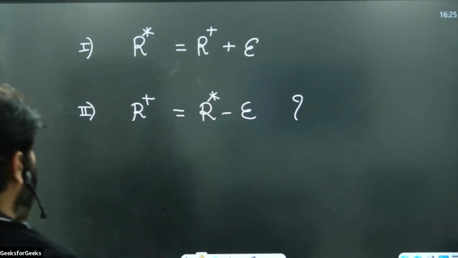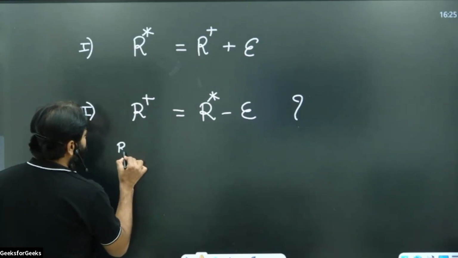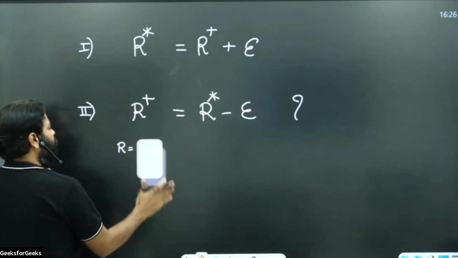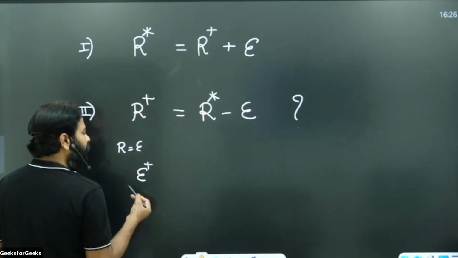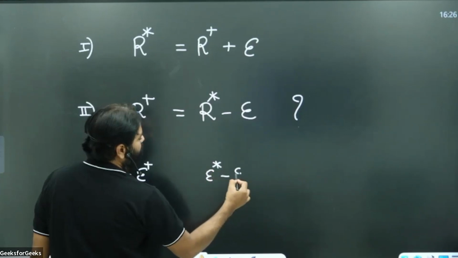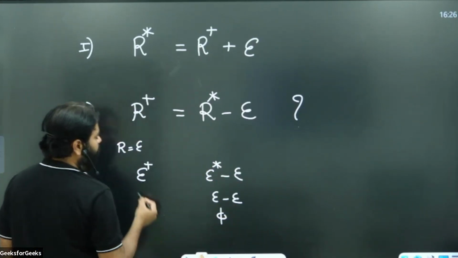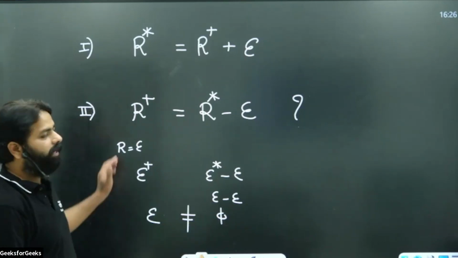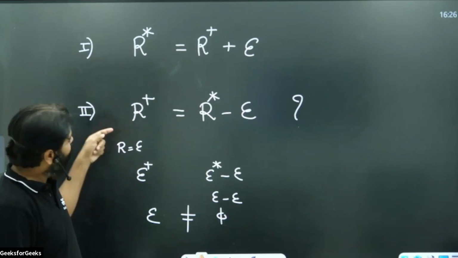You can't write that. There is a very simple reason. Suppose R is just epsilon only, correct? Assume that R is equal to epsilon. Now substitute here. Epsilon plus, what will you get? Epsilon. And epsilon star minus epsilon, what do you get? Epsilon star is also epsilon. Epsilon minus epsilon is phi. And this epsilon plus is epsilon. Are they equal? No. So do not write it, sometimes it will be equal, not all the time. Remember that.